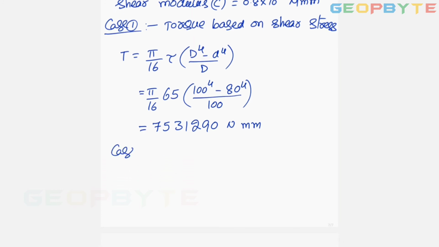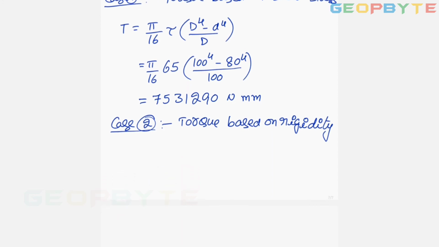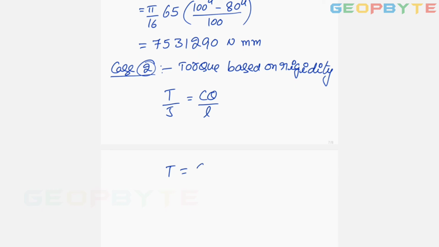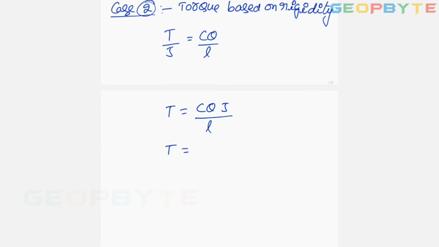Case 2, torque based on rigidity. You know, T by J equal to C theta by L. From this, torque equal to C theta into J by L. T equal to C into theta.